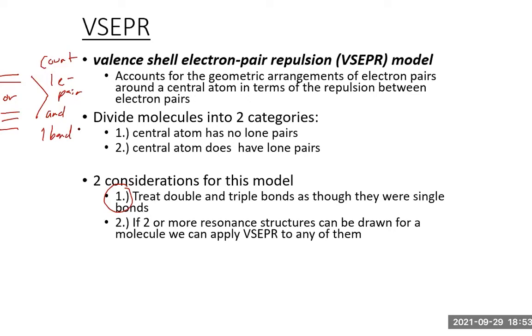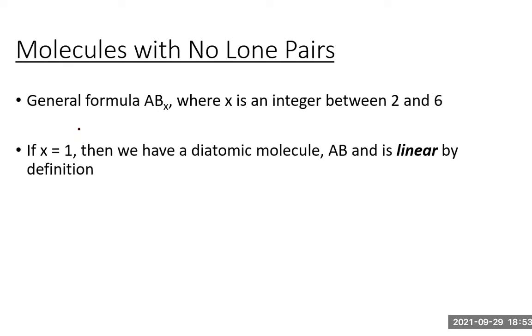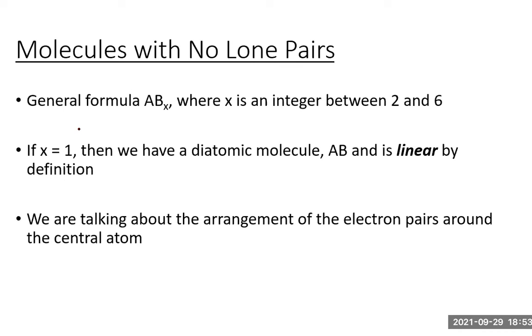So 1 electron pair and 1 bond is what we treat double bonds and triple bonds. Even though there's more electrons, they are essentially thought of as moving basically as 1. So that's the major important thing to keep in mind. And we do that only when we're doing this geometry here. A double bond and triple bond basically counts as 1.